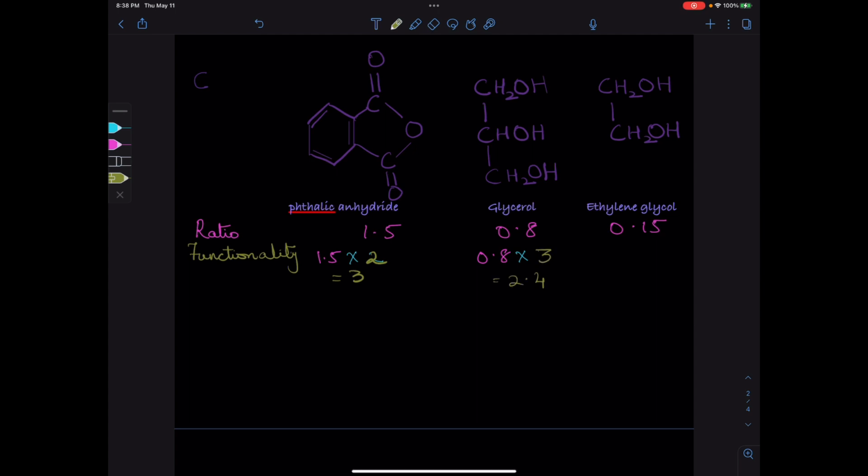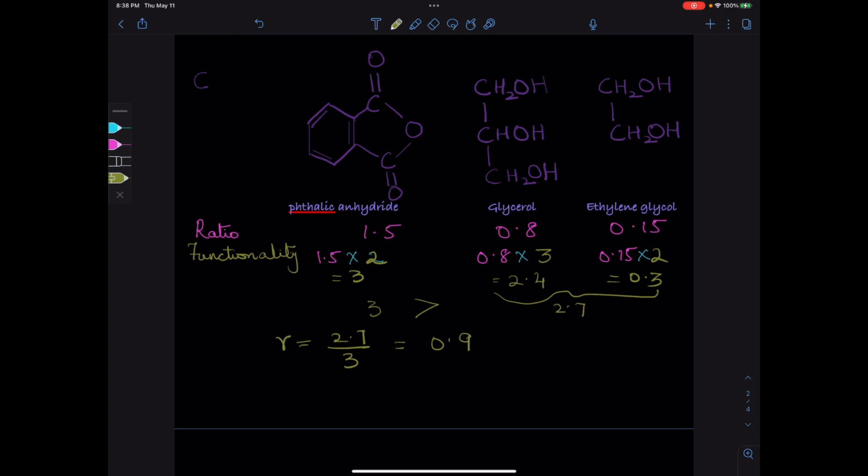For ethylene glycol, it would be 0.15 times 2 hydroxyl groups, and that would be 0.3. So the total hydroxy group is 2.4 plus 0.3, which is 2.7. So again, the carboxyl group functionality is more than the hydroxyl group functionality. So for finding the feed ratio, we are going to say R equals 2.7 over 3, which is 0.9.